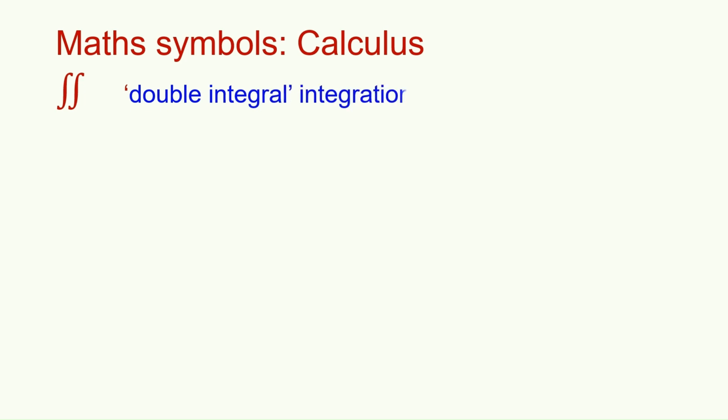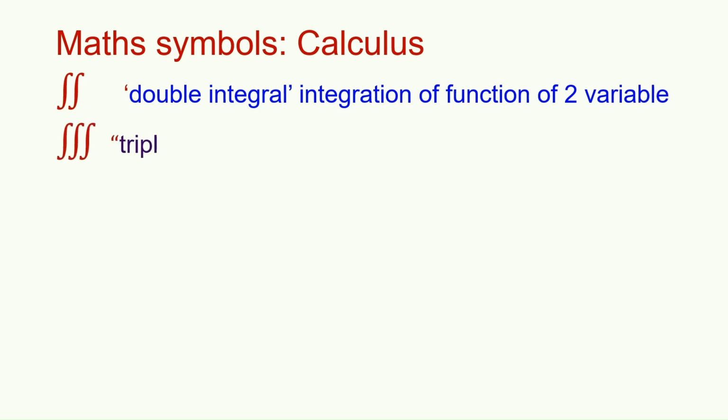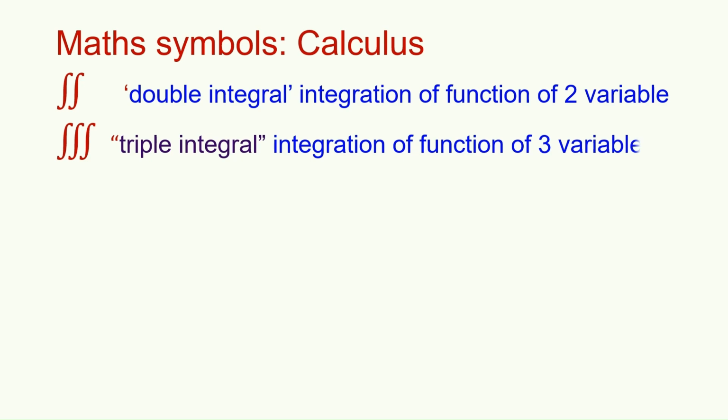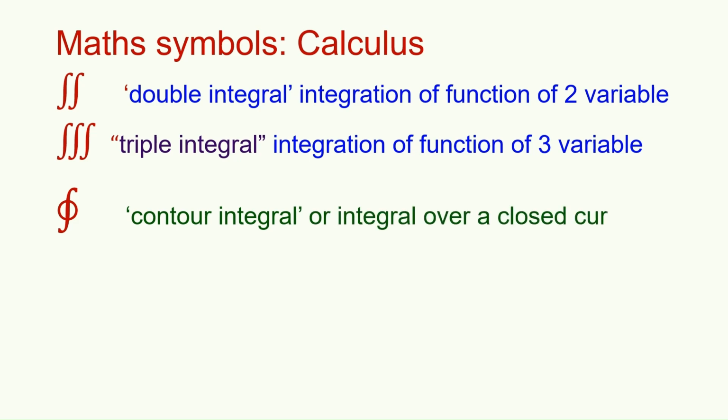Double integral is for integration of a function of two variables. Triple integral is for integration of a function of three variables. Contour integral is an integral over a closed curve.